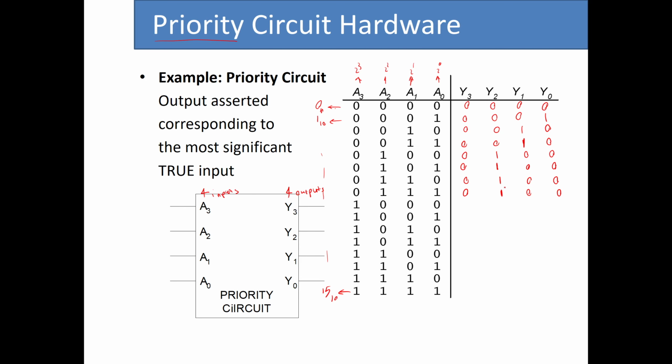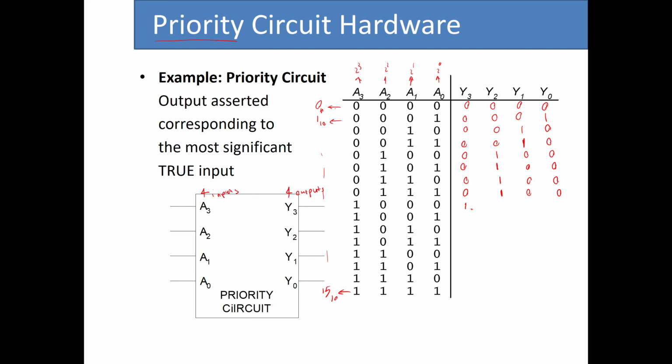So now what are the outputs for these last 8 rows? In all of them, A3 is 1. A3 has the highest priority here. It has the highest weight, 2 to the power 3. So the values for the other bits do not matter anymore.